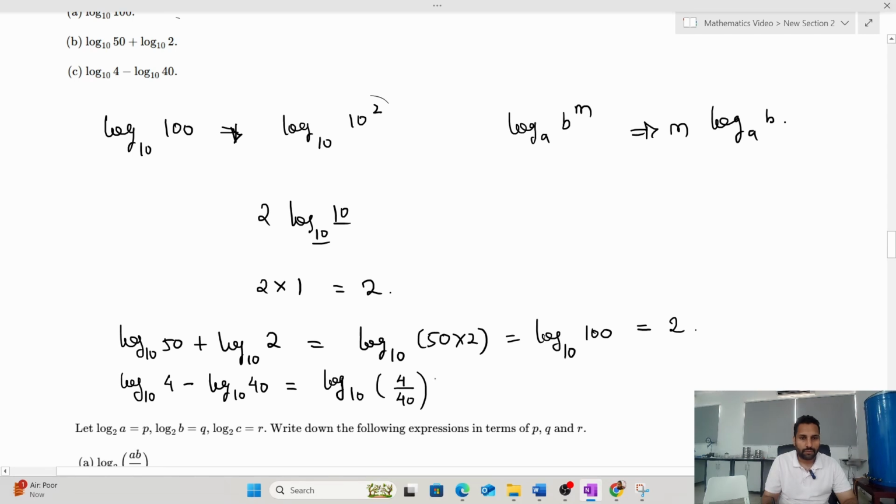So this is nothing but log 10 of 1 over 10, which can be written as 10 to the power of minus 1. Now what power of 10 will give you 10 to the power of minus 1? It is just minus 1.